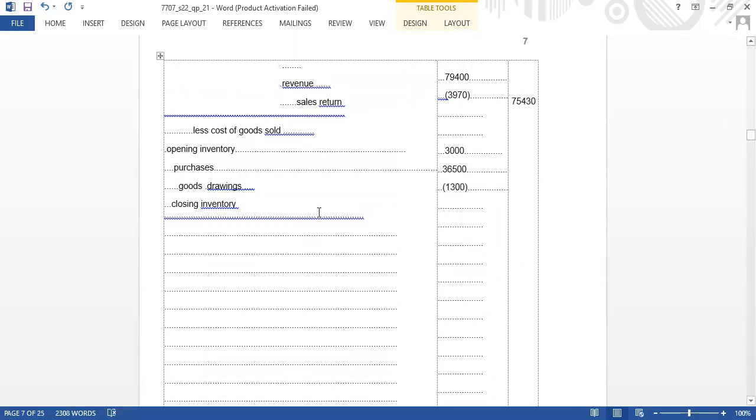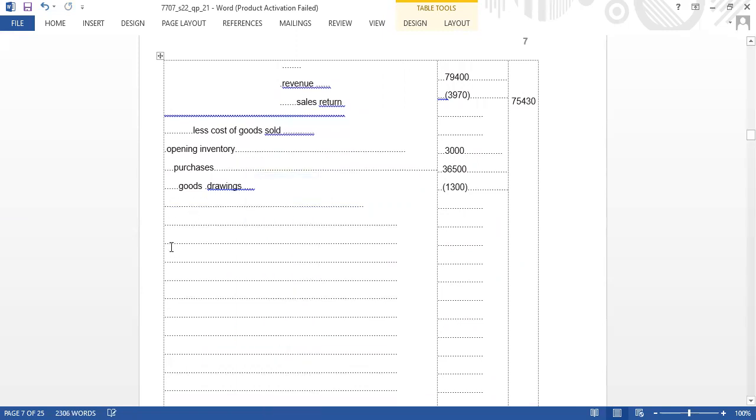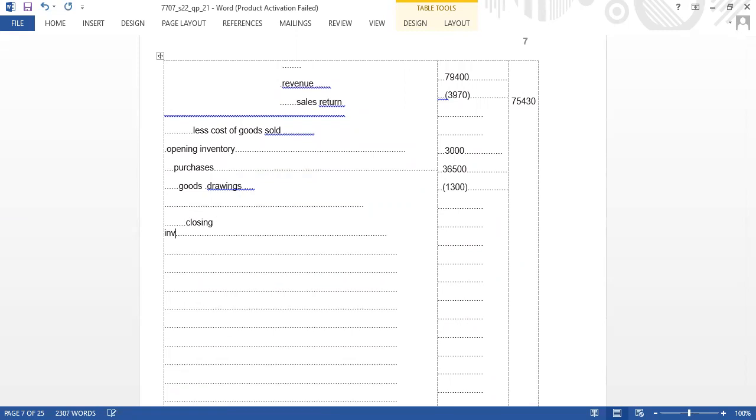Then we have closing inventory. 3,000 plus 36,500 minus 1,300, that is 38,200.